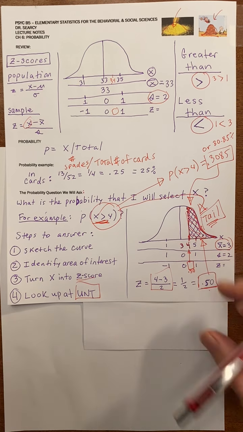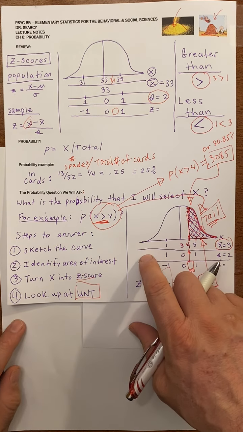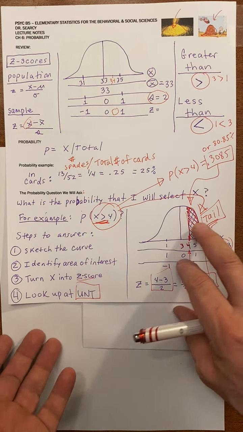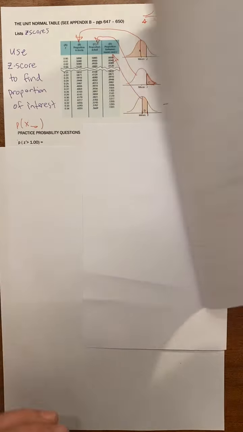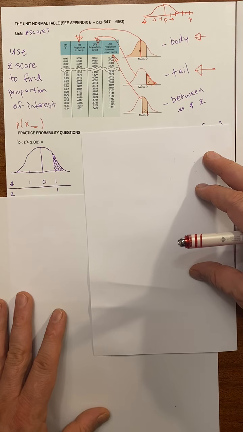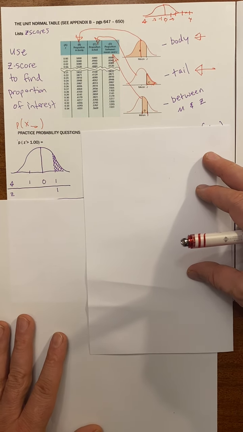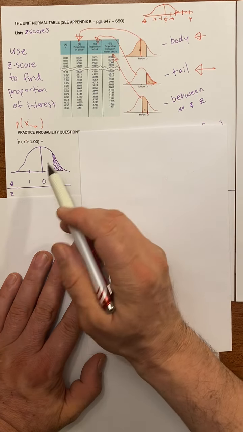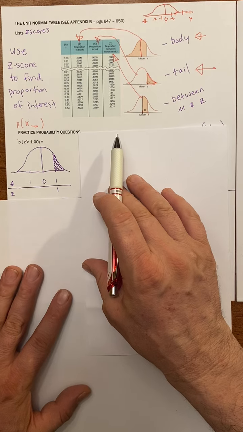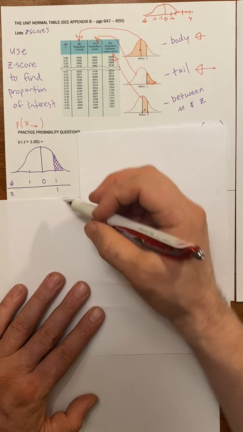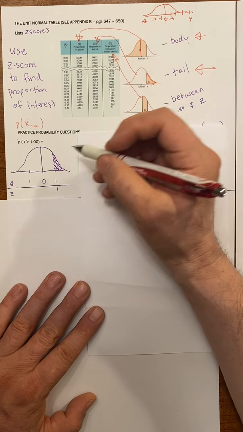Remember that in finding the answer to the problem, you're first going to sketch out the curve, just to give you a sense of what they are asking us to do. When we sketch out the curve, it looks something like this. We're being asked, what's the probability that I'm going to find some z value greater than 1?